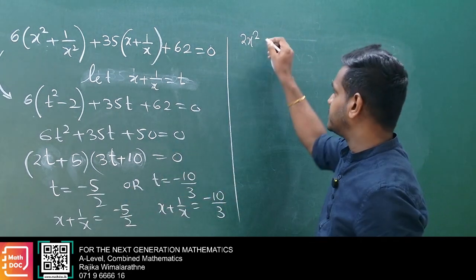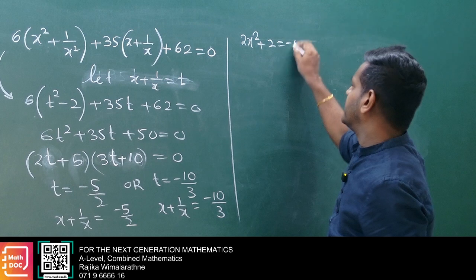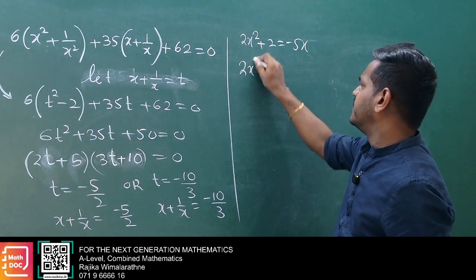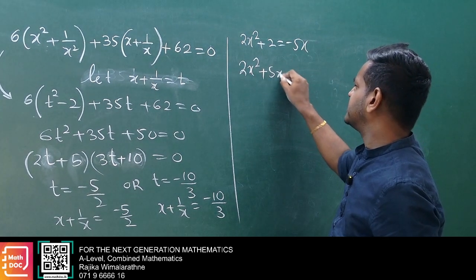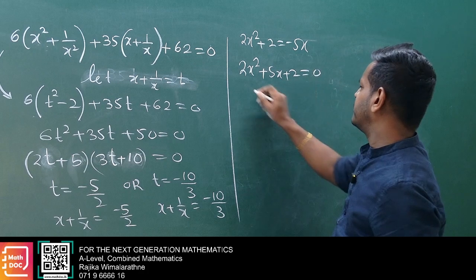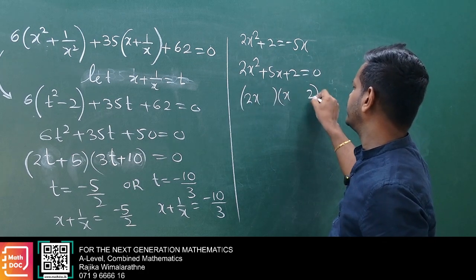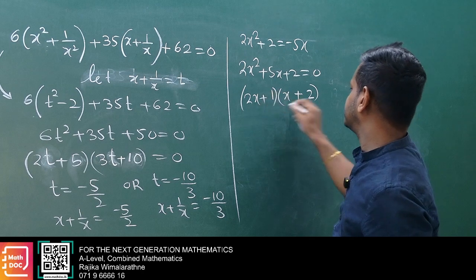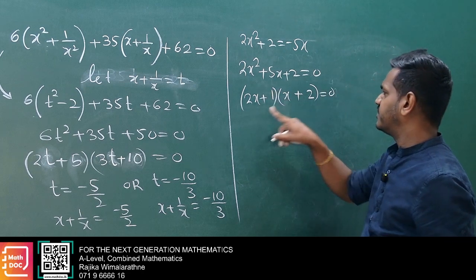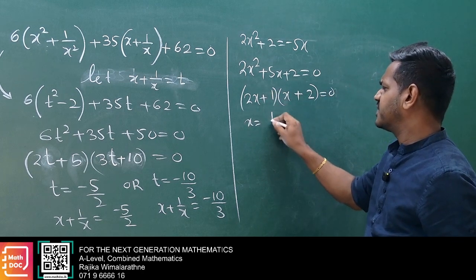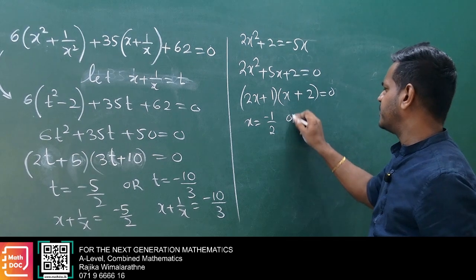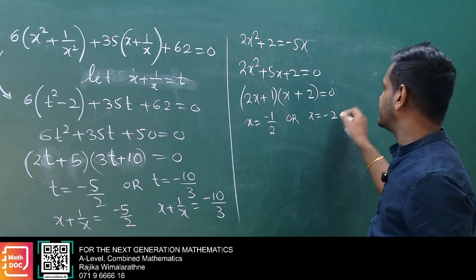Two x squared plus 2 minus 5x, so 2x squared plus 5x plus 2 equals 0. Factorize: (2x plus 1)(x plus 2) equals 0, so x equals minus half or x equals minus 2.